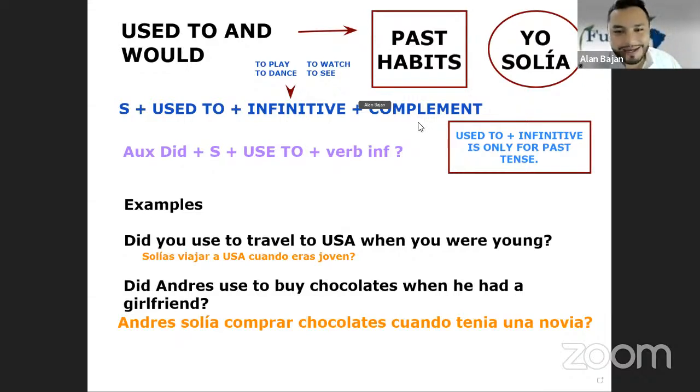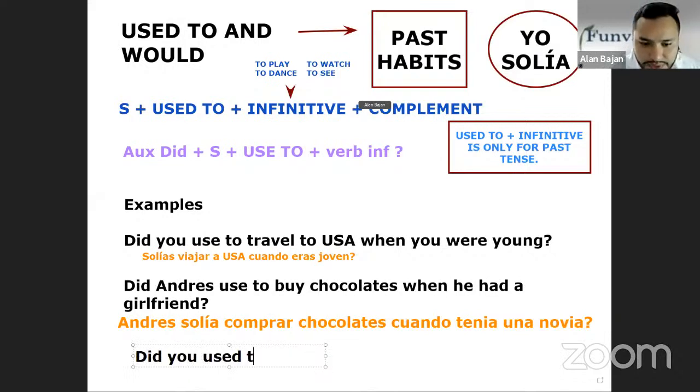Okay, I know what maybe Alex and Peke want to say. If you want to use solías usar el bus o usar mi teléfono, you can use the verb use. It's valid. Let me show you.